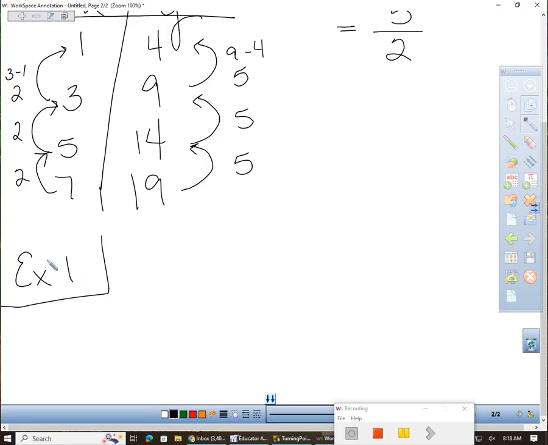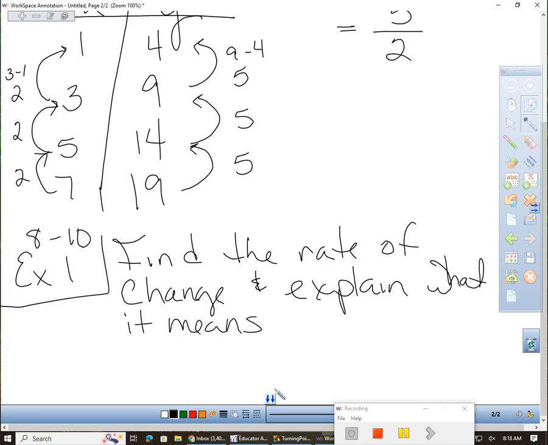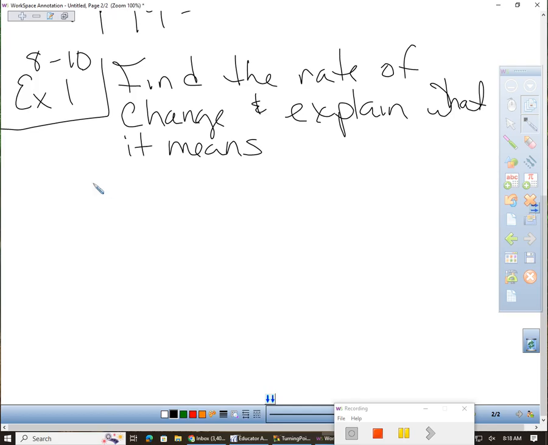This is 8 and 10. Find the rate of change and, that's an and sign, explain. And let's say on this side, I have hamburgers.